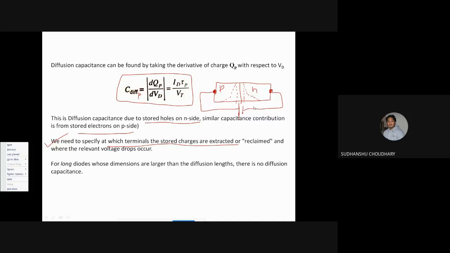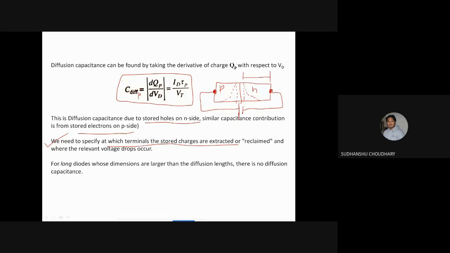They can be zero only in one case, when the lengths of the N and P regions are much larger than the diffusion lengths. That is, if the length of the N region is much larger than the diffusion length of the holes, then all holes will recombine in this region itself.